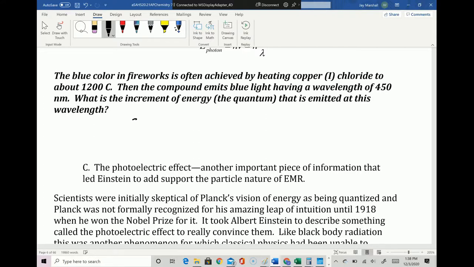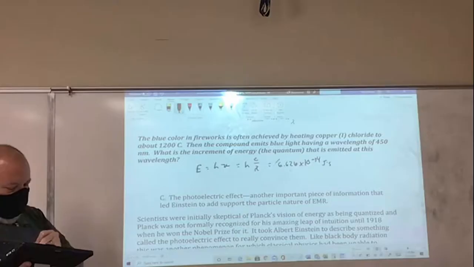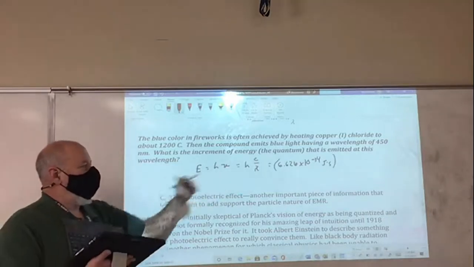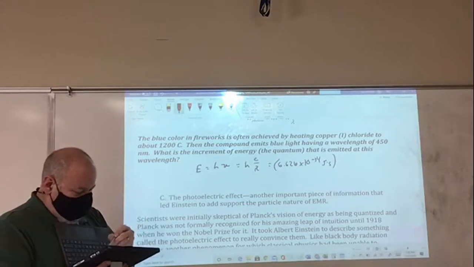So all we have to do is say energy equals Planck's constant times the frequency, but we don't have the frequency, so we're going to say Planck's constant times c divided by the wavelength equals 6.626 times 10 to the negative 34th joule seconds. And don't worry, you don't have to memorize that. They'll give you that. And you'll almost certainly see a problem asking you to do this.